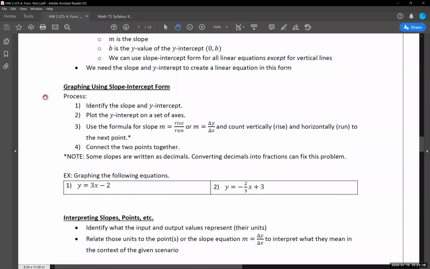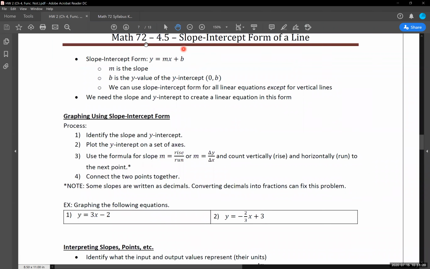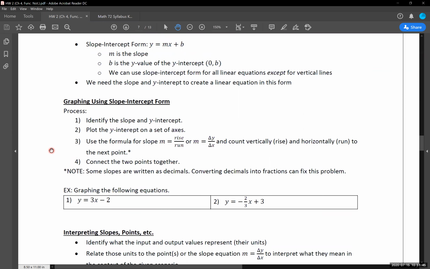With the slope-intercept form, we are essentially doing that same thing, except we no longer need to go through the process of determining points and calculating them, and we don't need to go through that entire process if we don't want to. It's still perfectly viable, but now we can use some other parts with this that are going to be really helpful and speed up that graphing process.